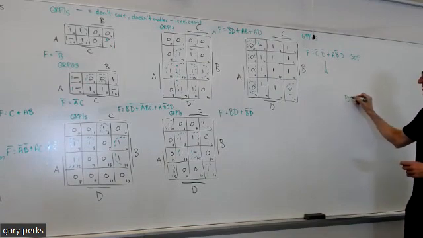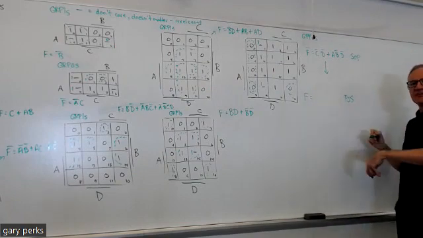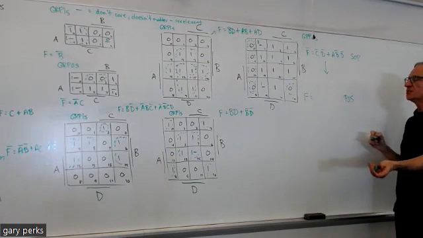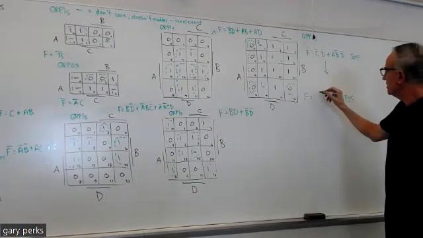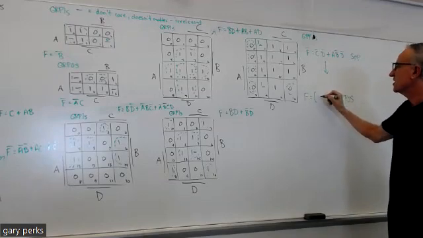POS for F. Again, you invert everything, ands to ors to ands. So the reduced POS for F, well, you tell me, what am I going to write here?